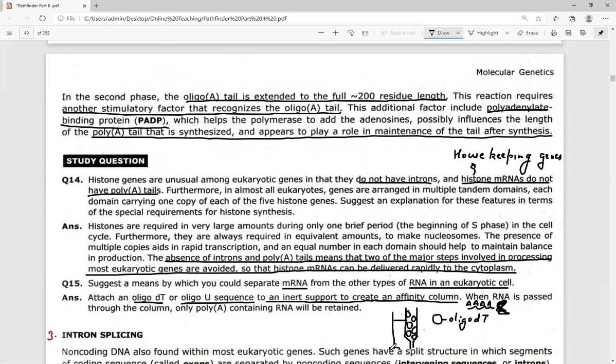And then what is going to happen? Then the mRNA could be effectively separated from other different RNA.